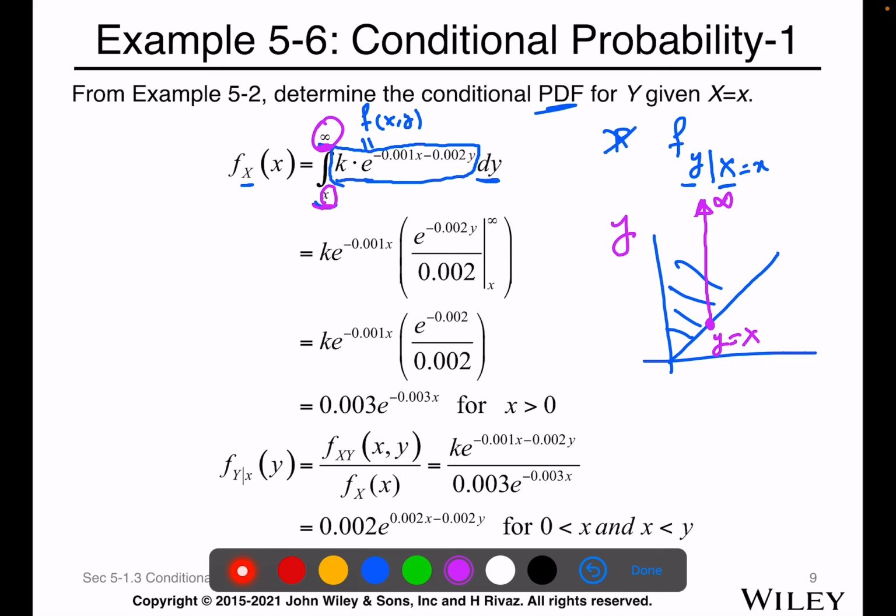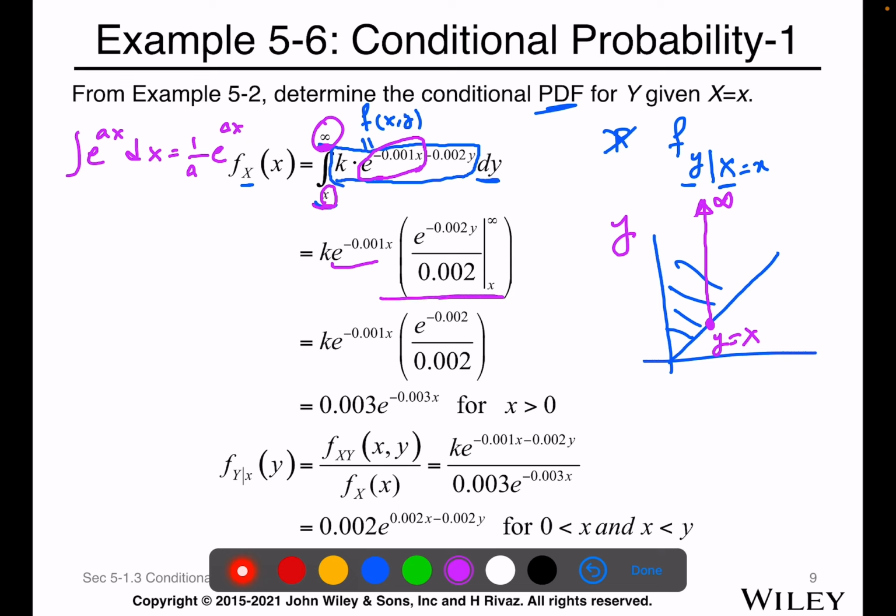So when we want to do this integral, this part is a function of x, so it is constant with respect to y, and it comes out of the integral. And here again, we use the equation that the integral of e to the ax dx is equal to 1 over a times e to the ax, right? So the integral is going to be this thing here.